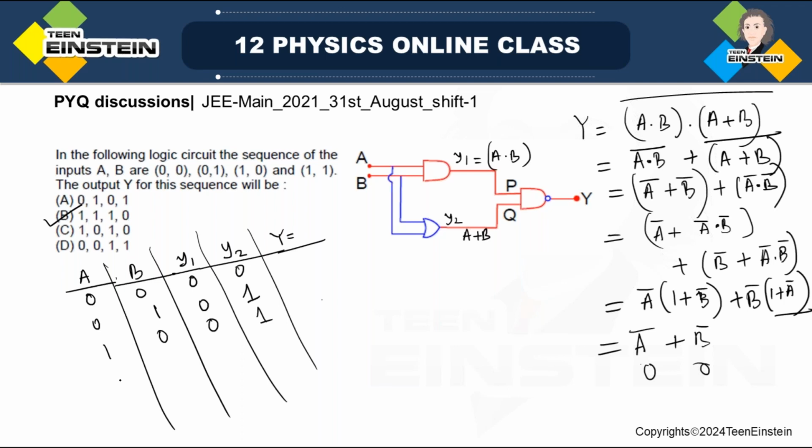Now for 1 1, both give 1. Now you have two inputs for the last gate, so I can erase this portion, and you don't have to think of this part now.